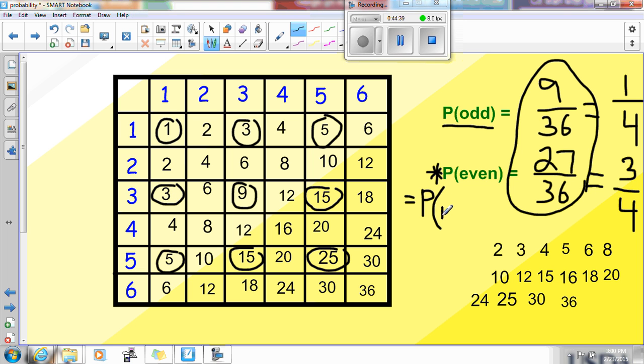Oftentimes it's very hard to find the probability of an event, and sometimes it's easier to find the opposite, the probability of it not happening. So the probability of odd plus the probability of not odd also would equal 1.